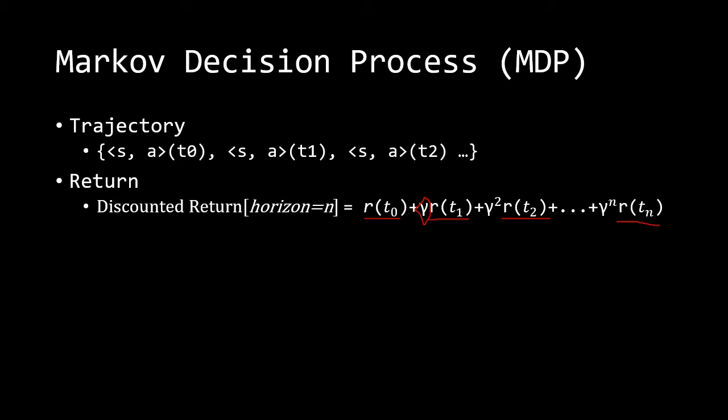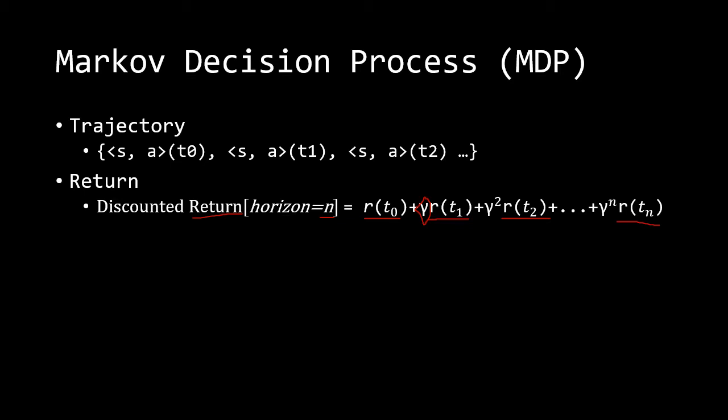You can, for the moment, assume this is 1, and then you just see it turns out to be the sum of the little reward signals that you collect at each step. This sum is called the return, discounted because of gamma, just the sum of that over a horizon of size n.